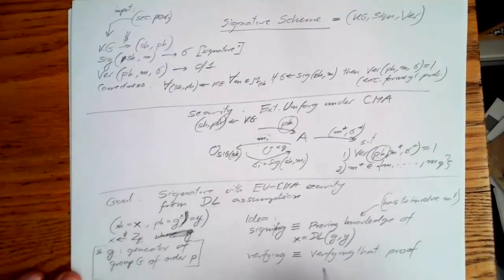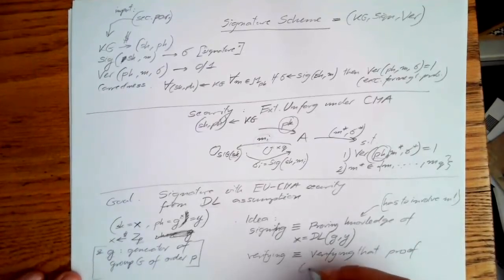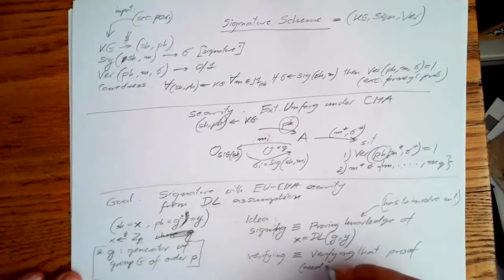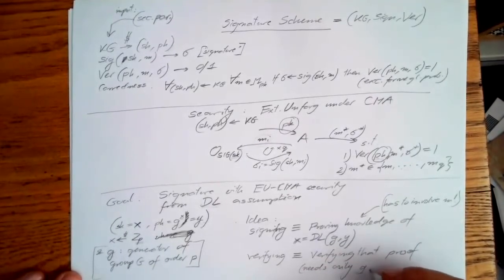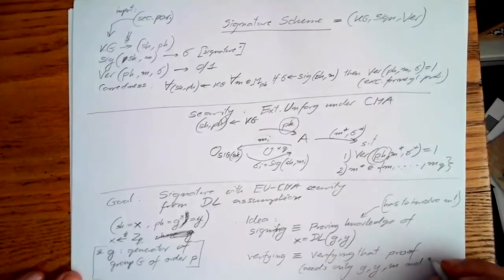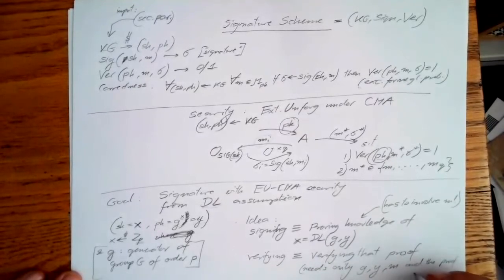And the verifying of that proof should need only G, Y, M, and the proof as inputs.